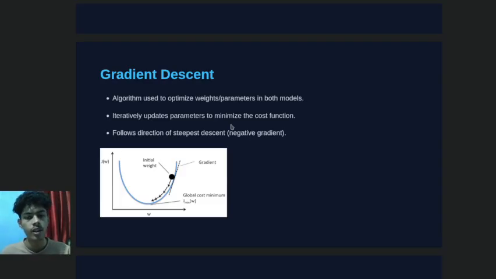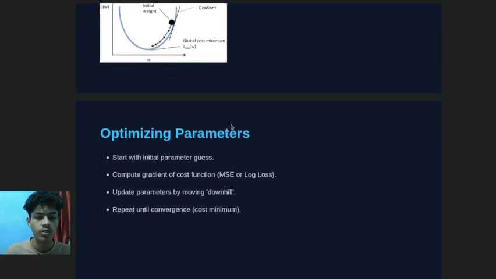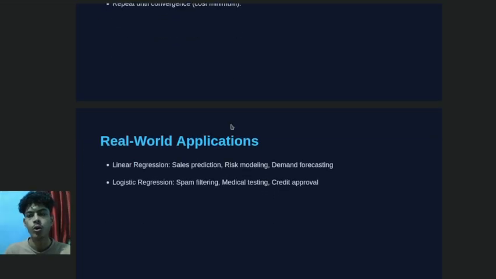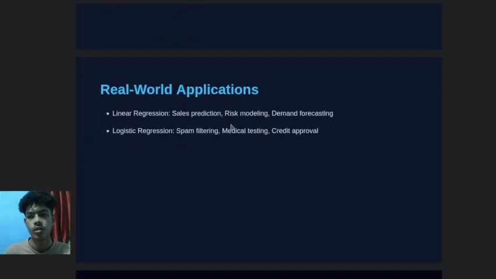It iteratively updates parameters to minimize the cost function, following the direction of steepest descent, the negative gradient, downwards, opposite to the gradient direction. To optimize parameters, start with an initial parameter guess, compute the gradient of the cost function using mean squared error or log loss, update parameters by moving downhill, and repeat until convergence, where the cost is minimum. That minimum cost, reached by going downhill, is what gradient descent finds.